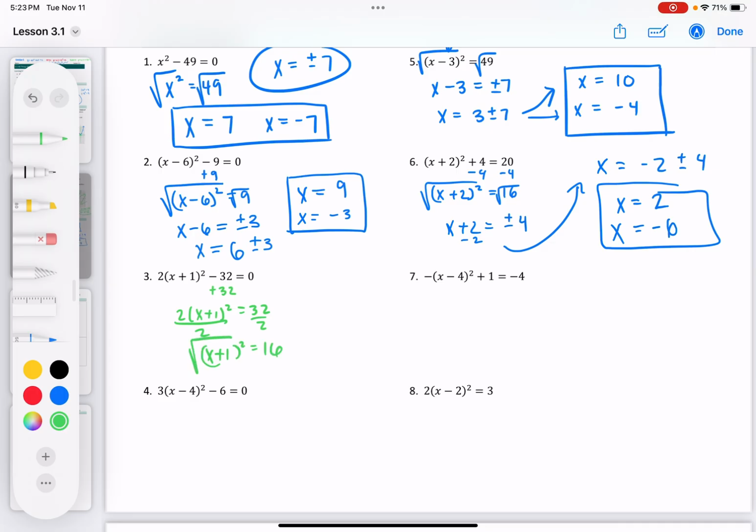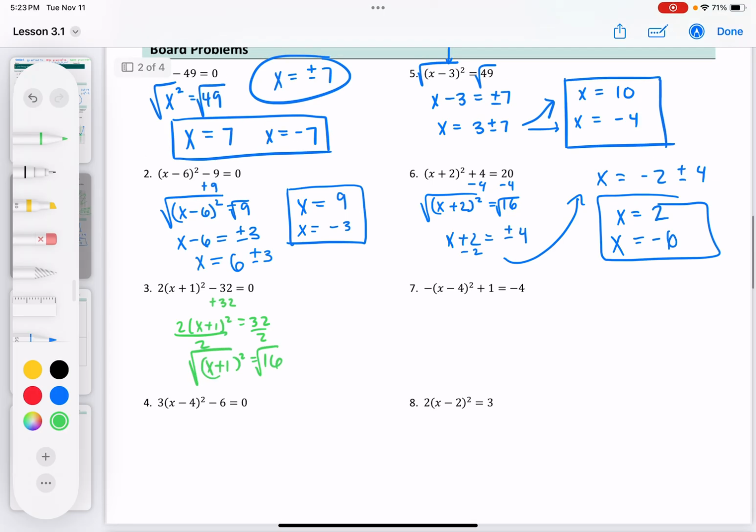When we square root both sides, we'll get x plus 1 equals a positive or a -4. Okay, well, we need to minus our 1 over, so we get x equals -1 plus or minus 4. So our two answers are going to be -1 plus 4, that will give us a 3, and -1 minus 4, which will give us a -5.